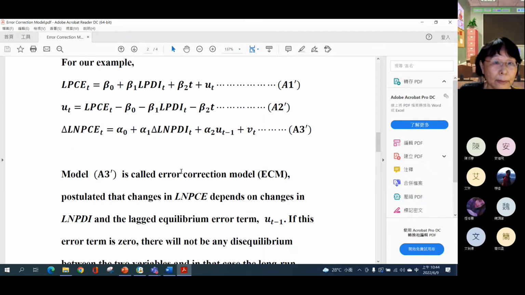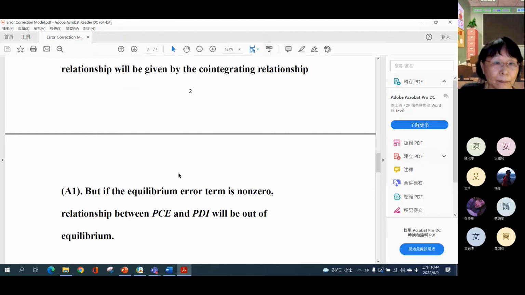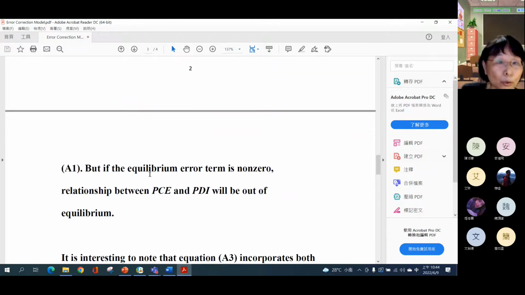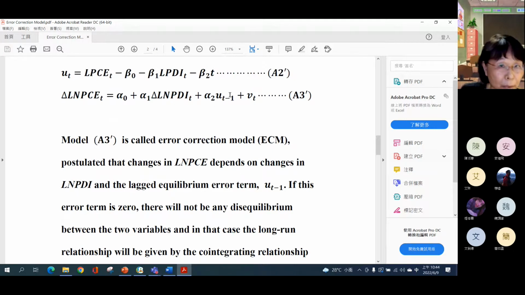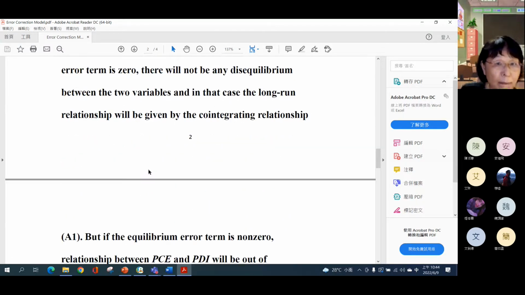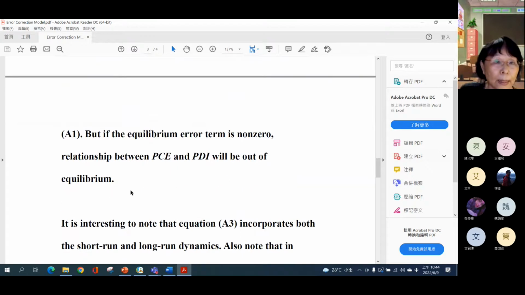Okay? But if the equilibrium error term is non-zero, if this term is not 0, the relationship between PCE and PDI will be out of equilibrium.